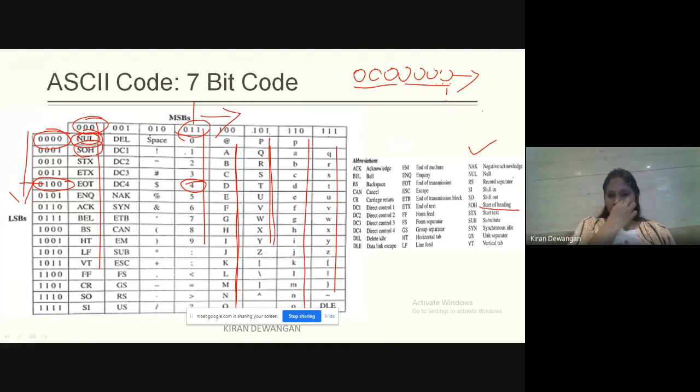So basically, we need to remember कि आपका ये नंबर कहाँ से स्टार्ट हो रहा है? 011 0000. तो मतलब 011 0000 से आपका 0 स्टार्ट हो रहा है. ठीक है?